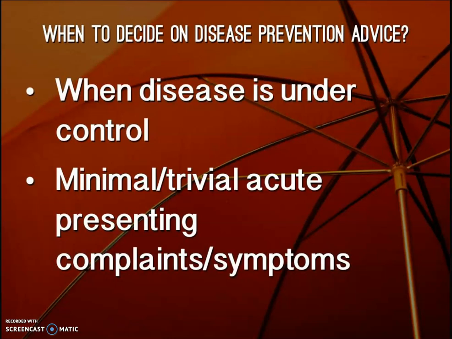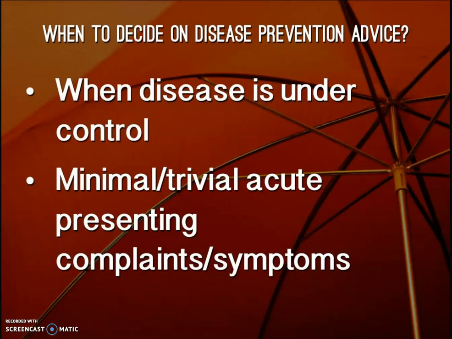For example, if the patient just now has uncontrolled diabetes and acute flare-up of osteoarthritis, this may not be a suitable time for you to suggest screening, because she has to handle her acute pain and she has to manage her uncontrolled diabetes.